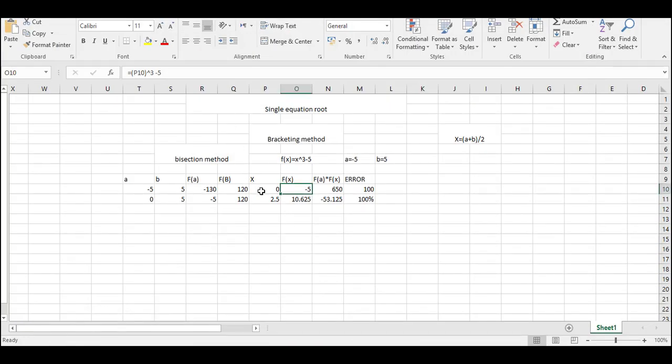This check condition we are using here is f of x multiplied by f of a.